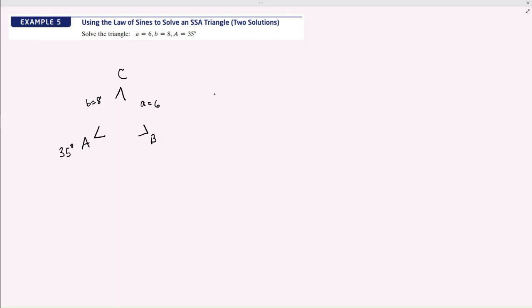So let's start off and take the sine of A over little a. So the sine of 35 over 6 has to be equal to the sine of B over 8.